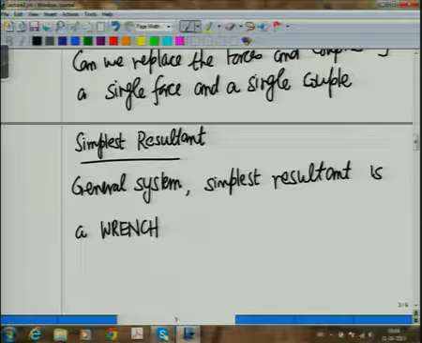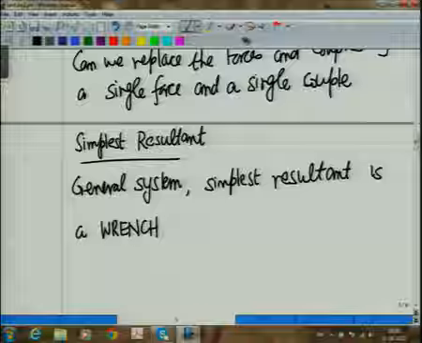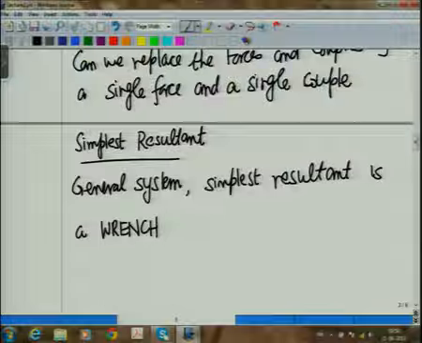Probably you know of this word in a different sense. From plumbing terminology, we know what is a wrench. Now, what we want to find is, for a general system, the simplest resultant is a wrench. What do we mean by a wrench?